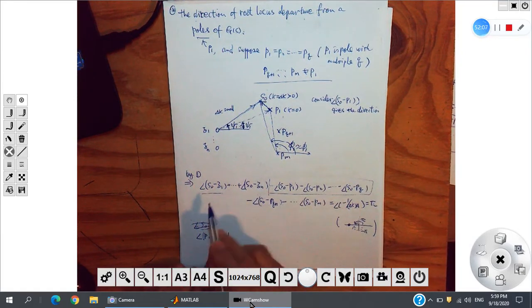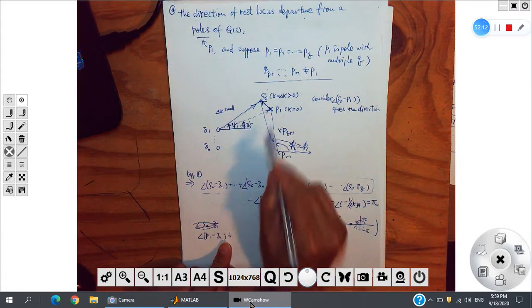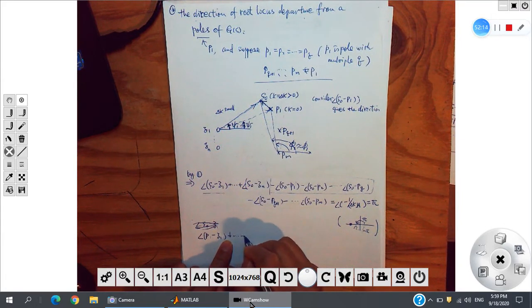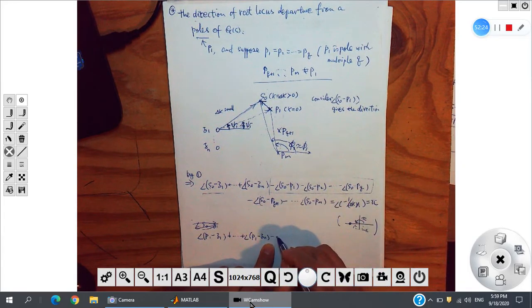What I will do, S0 replaced by P1, right? So the summation angle, S0 replaced by P1 minus Zn, and minus all these angles we have. We have n of them, q of them, right? Totally we have q of this angle. I won't change this.